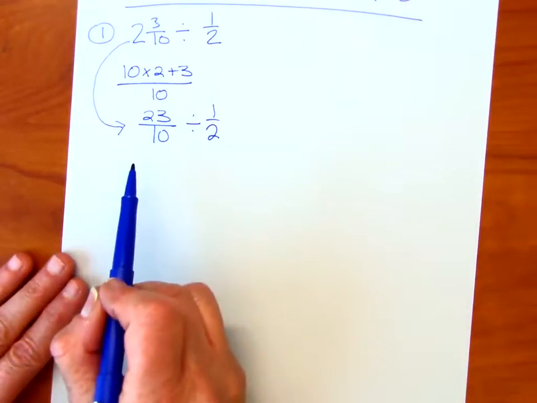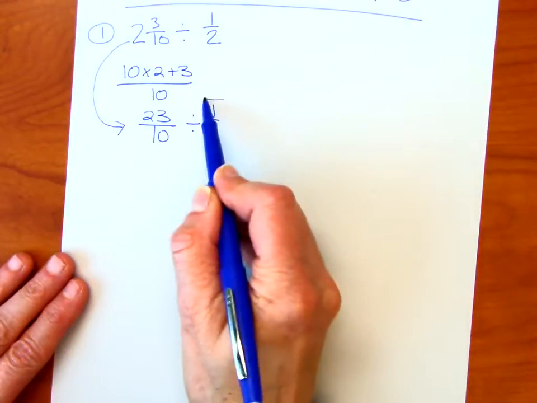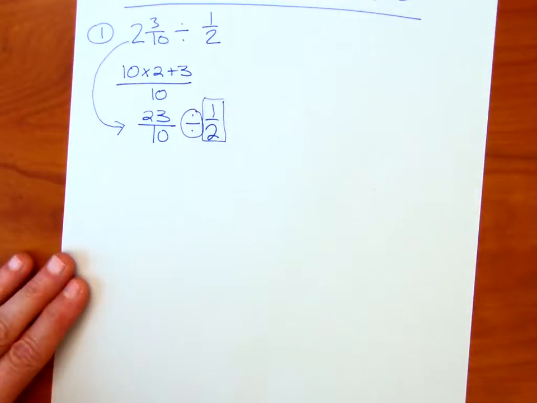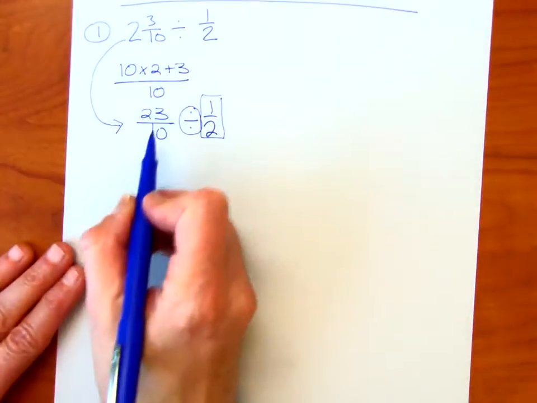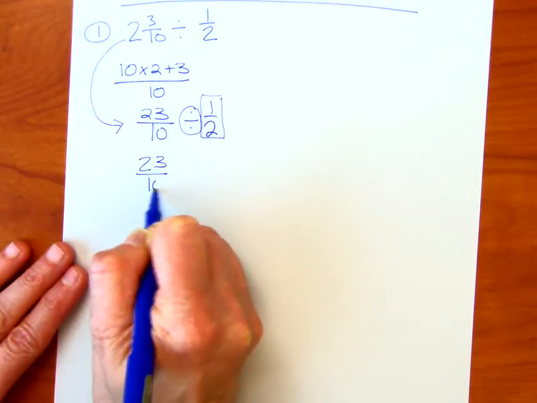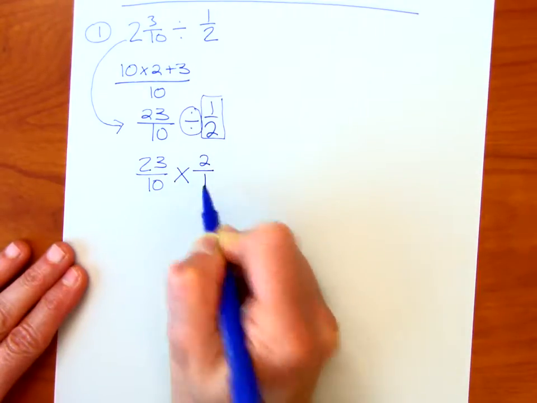Okay, now with our last problem, what we did is we flipped the second fraction and then we changed the division to a multiplication problem, and we're going to do the same thing. So again, just rewrite your first fraction, so that's 23/10 times 2/1.